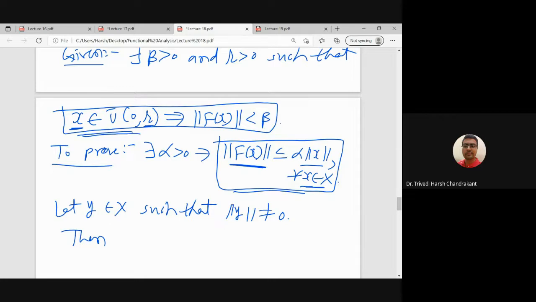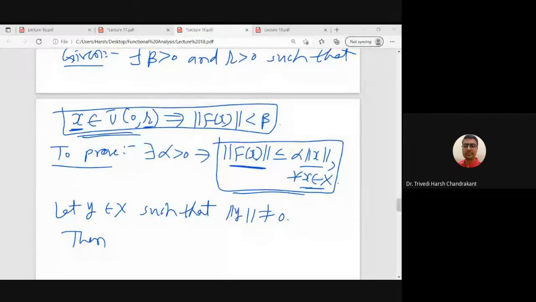So what element will we take? We know how to make the norm 1. If we have a vector x, we normalize it, that means we divide by its norm, then we get a vector of norm 1. And then we have a vector of norm 1, we can dilate it and we can make its norm r.